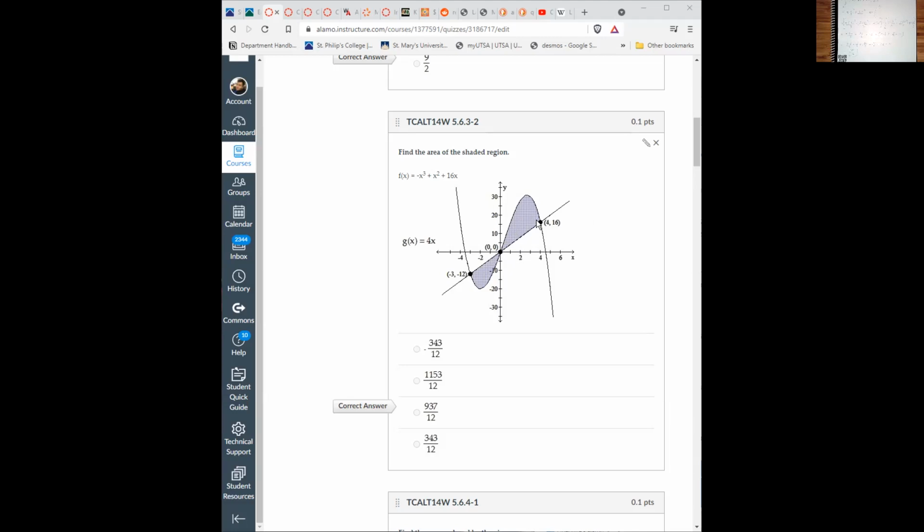So in this one, we have to do this setup 2 times, right? And then add it at the end.